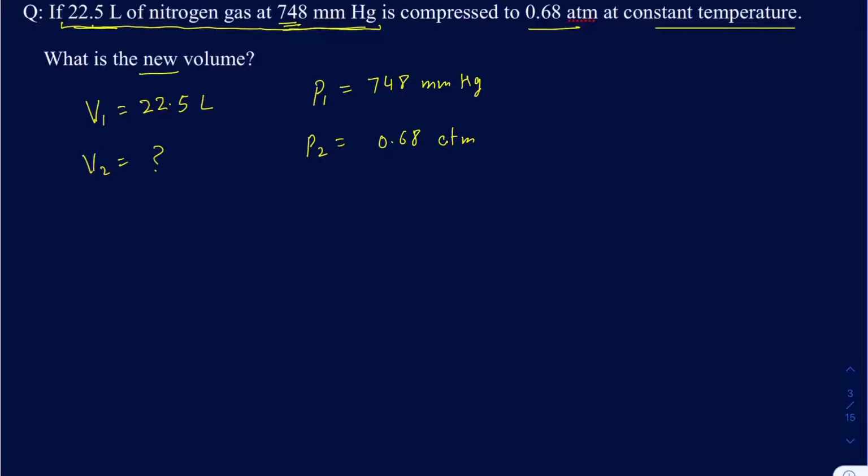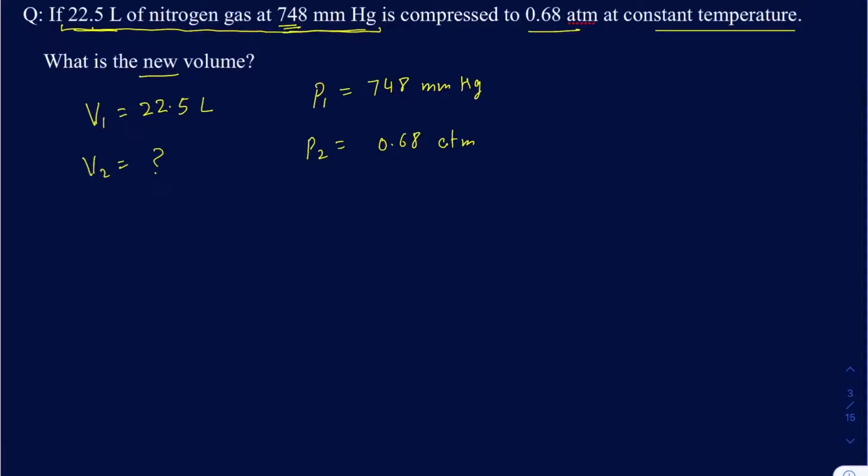The other problem I see here is that your pressures are given in different units, so you want to make sure you convert them to the same unit. In this particular case, we're not using R, so it doesn't matter whether you use mm of mercury or atmosphere, as long as they are both the same.